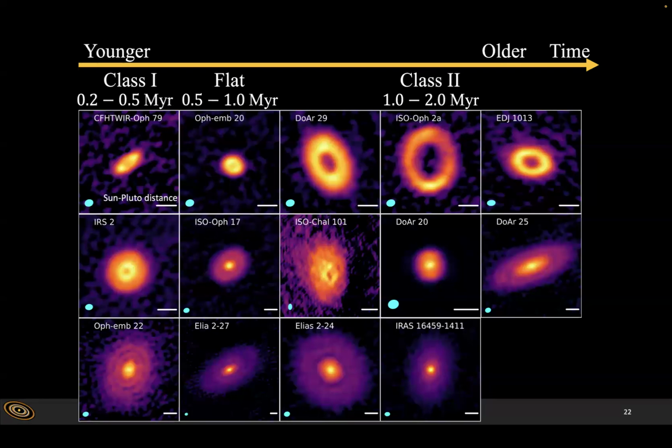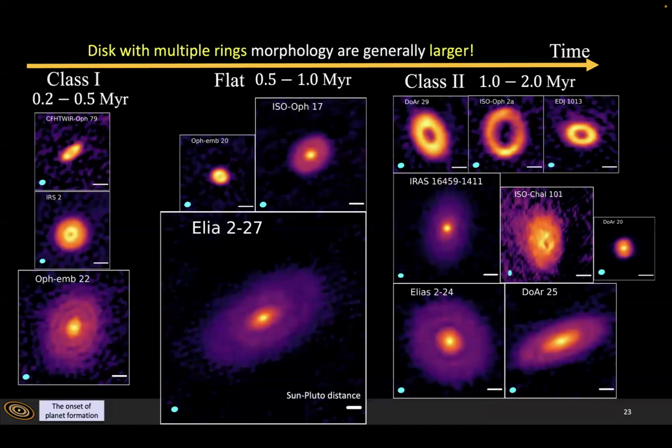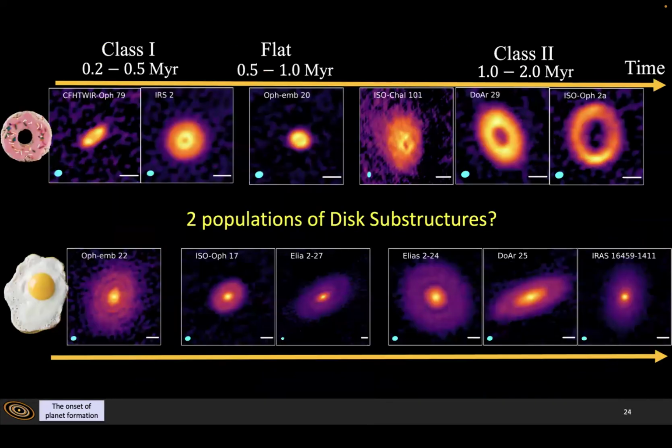Here are some of the substructures that we found in our survey. We aligned them by class 1, flat spectrum sources, and class 2. From our survey, we found that disks with multiple ring morphology are generally much larger than other types of morphology.